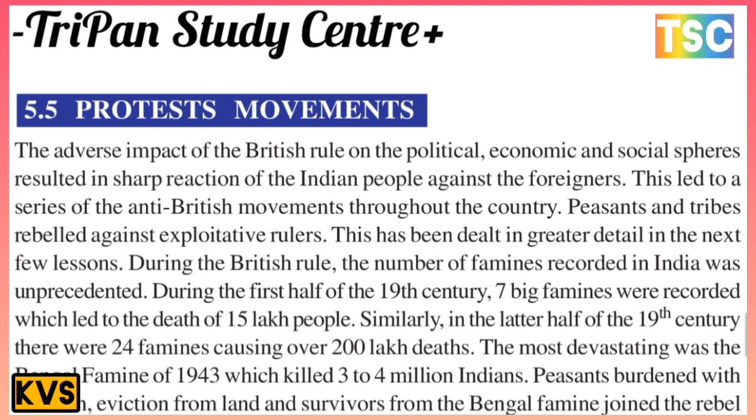Similarly, in the latter half of the 19th century, there were 24 famines causing over 200 lakh deaths. The most devastating was the Bengal famine of 1943, which killed 3 to 4 million Indians.